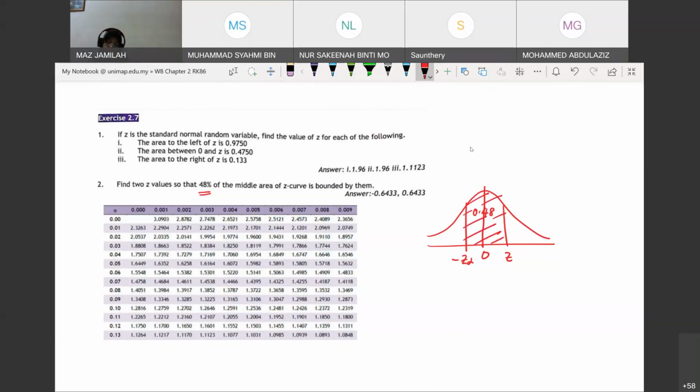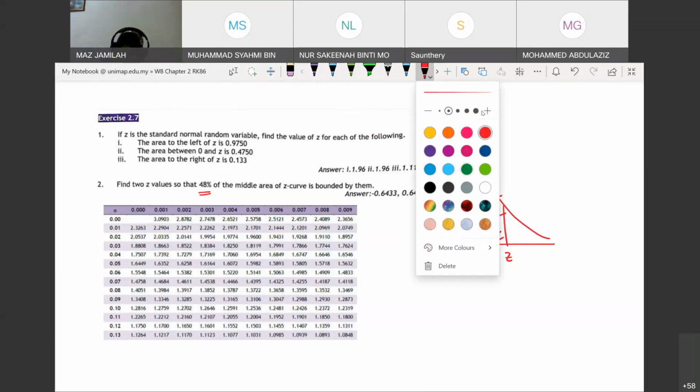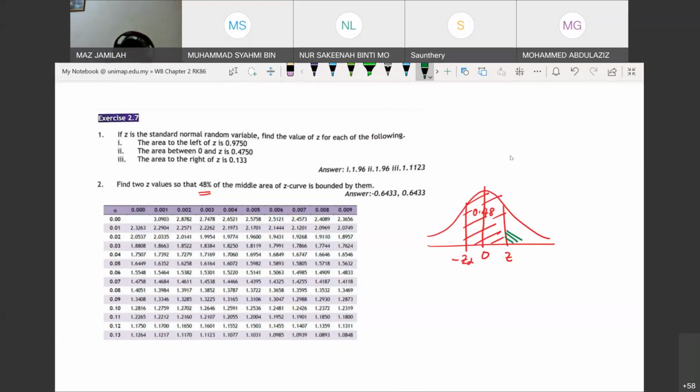In order to use your upper tail table, as usual, we are going to use the upper tail. Finding the alpha, it is 0.48 divided by 2, which is 0.24, and alpha is obtained by 0.5 minus 0.24, which is 0.26.